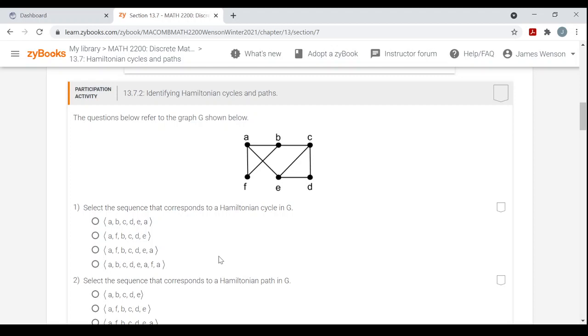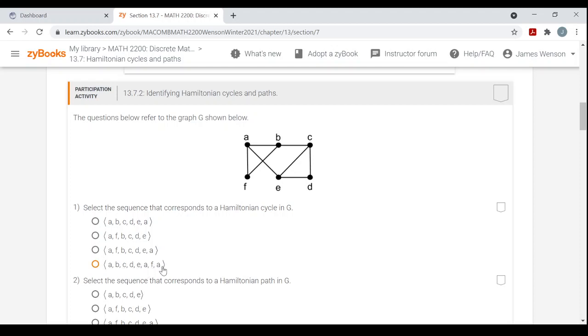Now remember I said too, if it's a cycle, the only vertex that gets repeated is the beginning and end. So maybe this one's okay. This one's a possible option. This one is not. The beginning and end are repeated, but you see another A in here as well. So this last one isn't even a cycle.